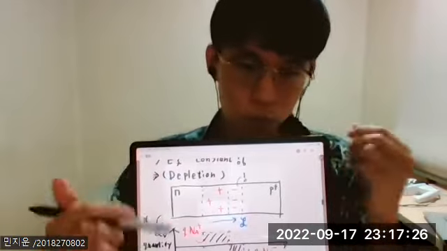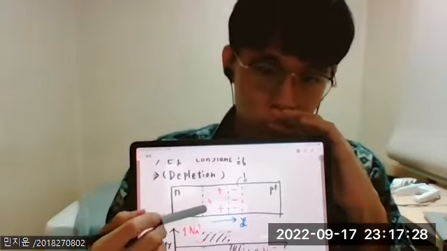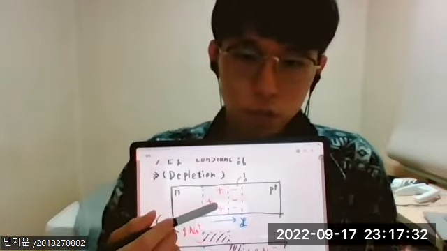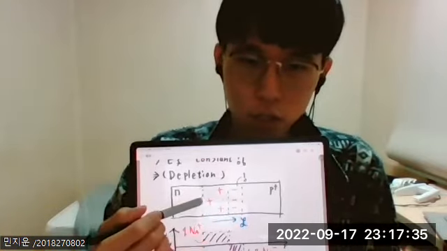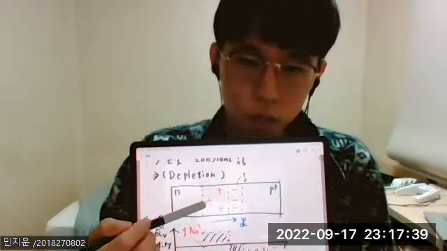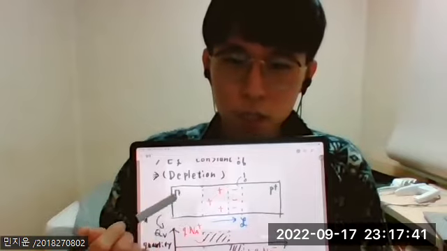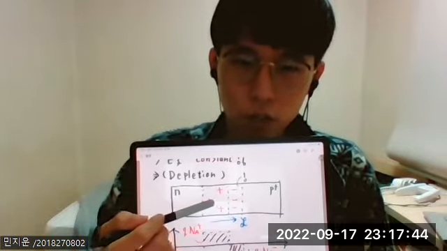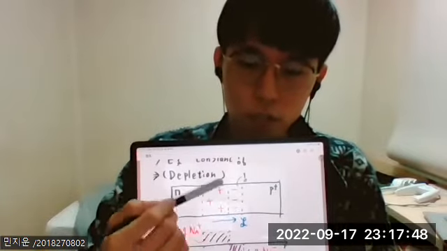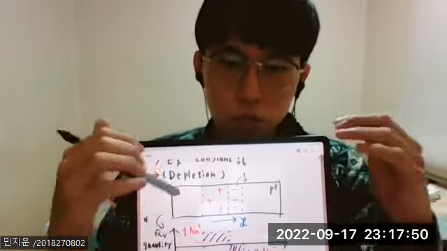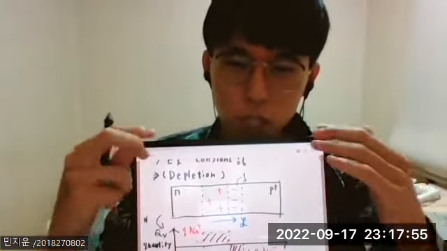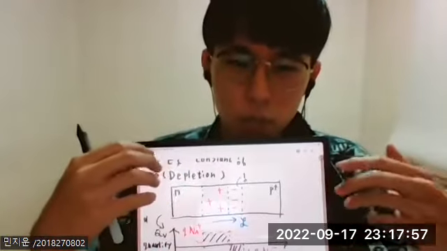Next, when you see this region, the depletion region in the n-type is bigger than the p-type depletion region, because the p-type semiconductor is more doped than the n-type.